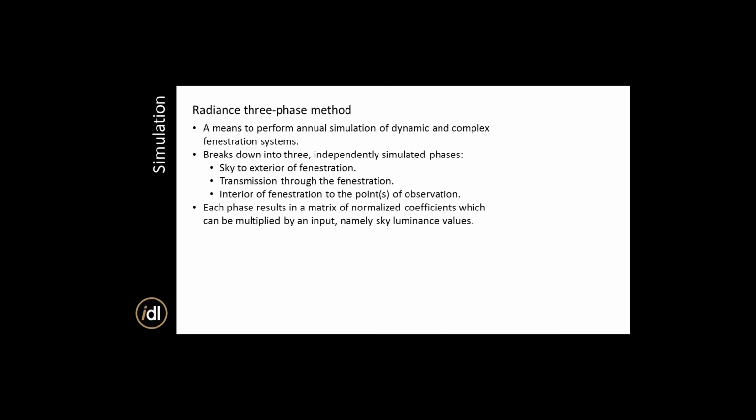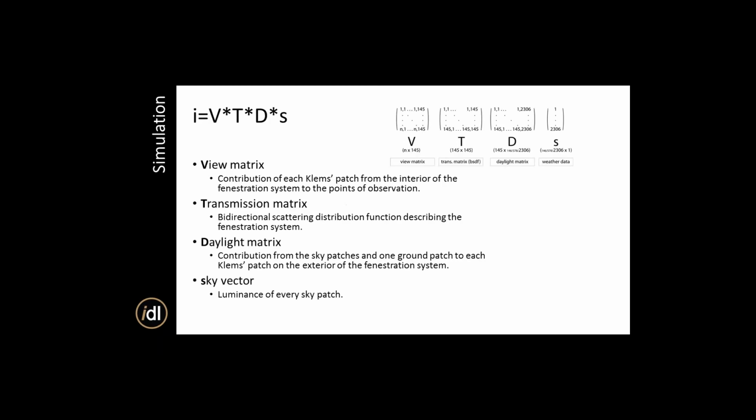It's basically the relationship of the exterior, the sky, to the outside of the window, the relationship of the interior to the inside of the window, and then the window itself. Those are 3 distinct pieces that we will put back together. They're simulated separately and then multiplied and added together.